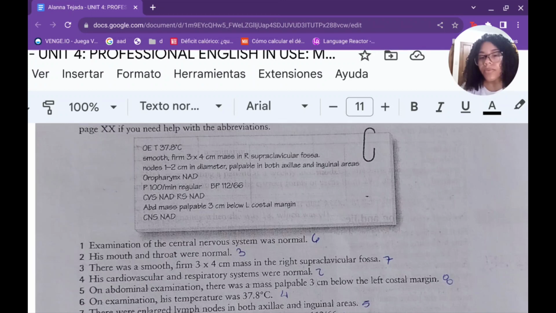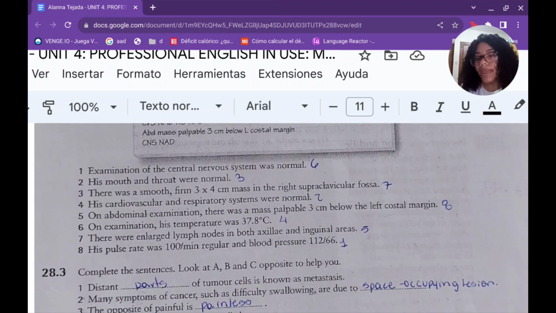Nodes 1 to 2 centimeters in diameter, palpable in both axillary and inguinal areas. Oropharynx NAD, P 100 per minute regular, BP 112 per 66. CVS NAD, RS NAD. ABD mass palpable 3 centimeters below left costal margin.